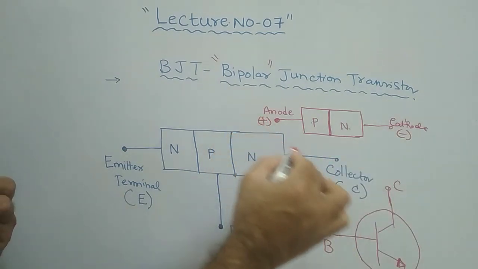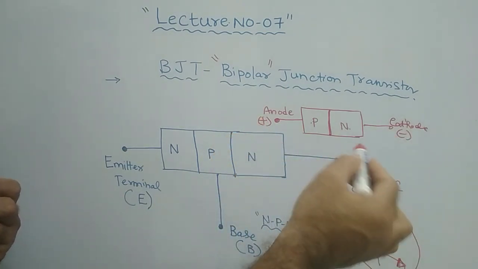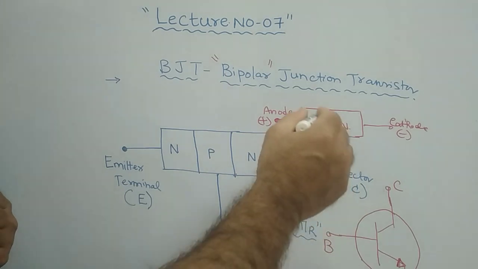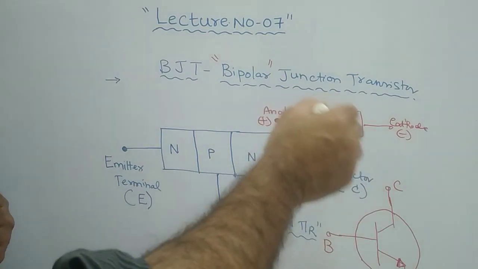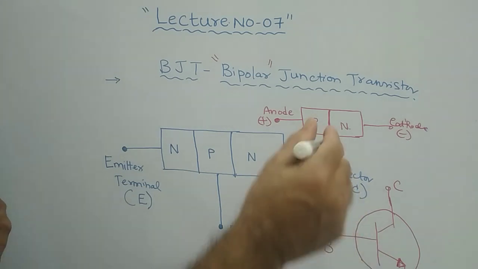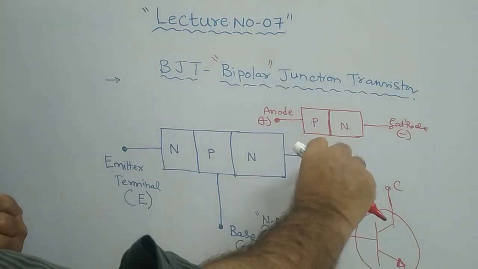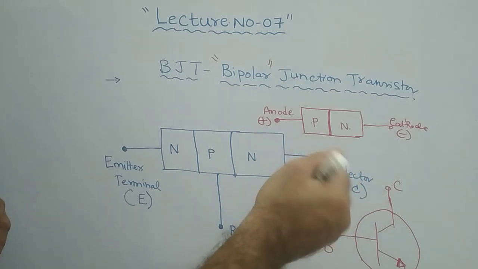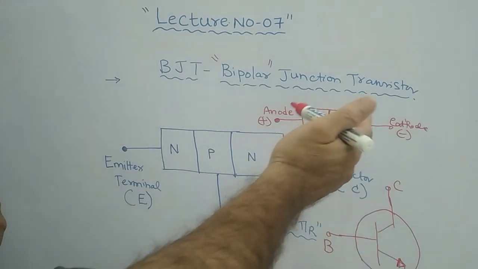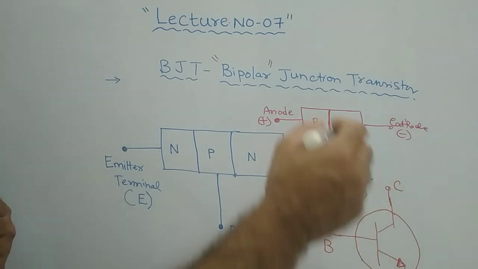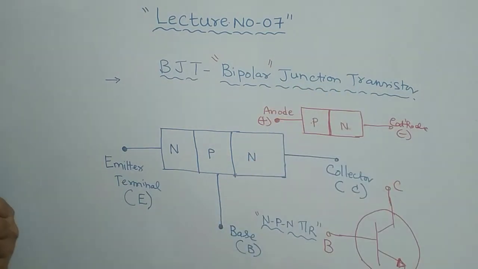Plus to plus, minus to minus, then the diode is under forward bias condition. In forward bias, it will conduct and current will flow. Whereas if you reverse the external supply, changing the polarities, the diode is under reverse bias condition. As you know, in reverse bias condition, the diode will be in off condition.